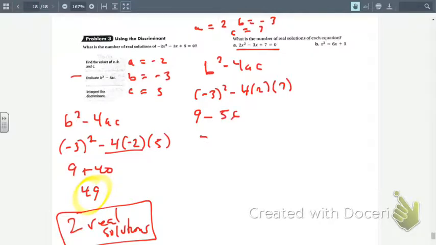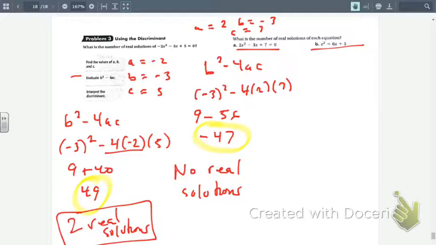So we get a negative 47. This answer right here is less than 0. So we have no real solutions. Okay? And then for B, I want you to try this one on your own.